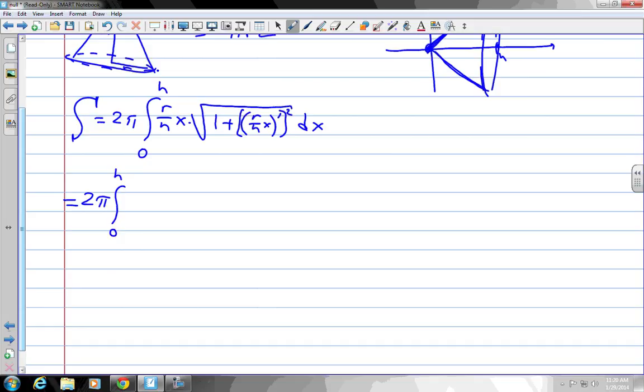I'm going to pull out a whole bunch of stuff out of there. But what is the derivative of r over h times x? r over h, right? So after you take the derivative, you're going to end up with r over h times x, times the square root of 1 plus r over h squared, dx. That x went away after you took the derivative. So actually this entire square root is also a constant, so I can remove it. Do you agree with that?